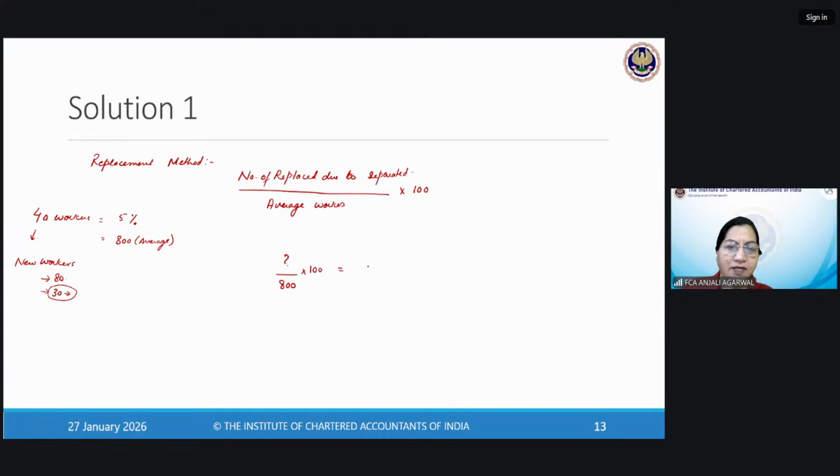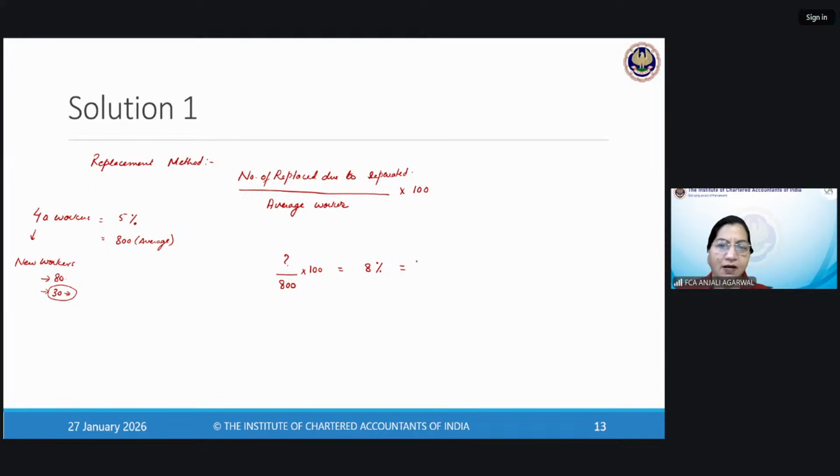And this figure is 8%. Okay. So how many numbers replaced, we don't know. But because of the previous question part, we knew that there are 40 workers who separated. From that, we calculated the average number of workers in this year. So average was 800 and 8% are replaced.